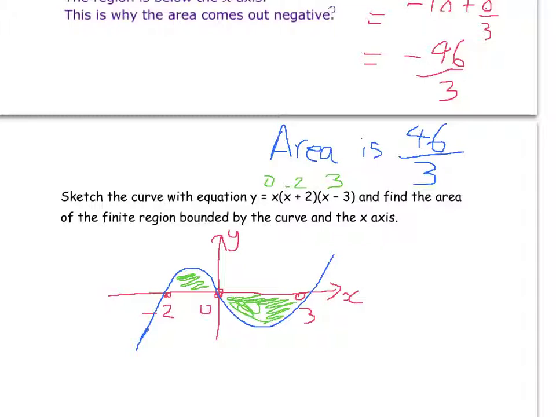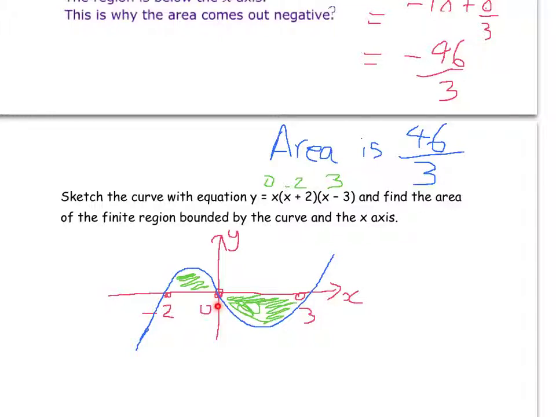If we were to find the area of this region here, because we're actually looking above the curve, we're going to end up with a negative area, whereas this bit here will be a positive area. So we can't just integrate here between 3 and minus 2, because some of this negative area here is going to counteract some of the positive area here. So we're going to have to do integration twice.